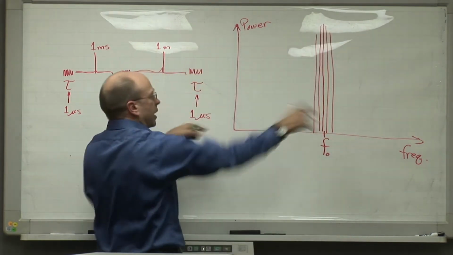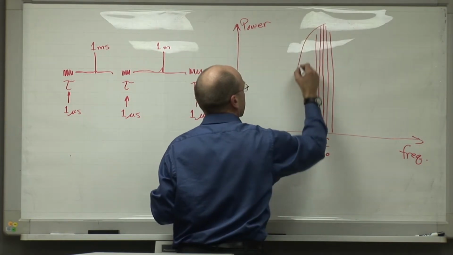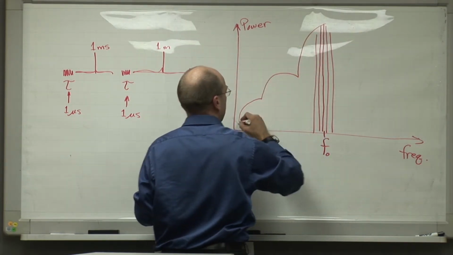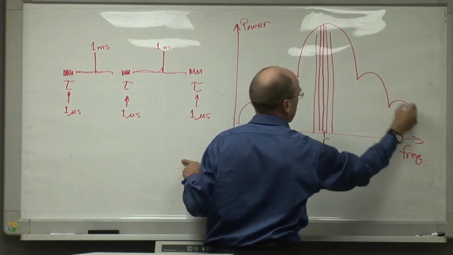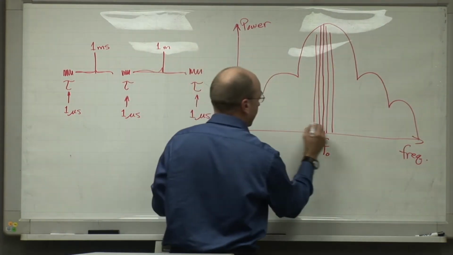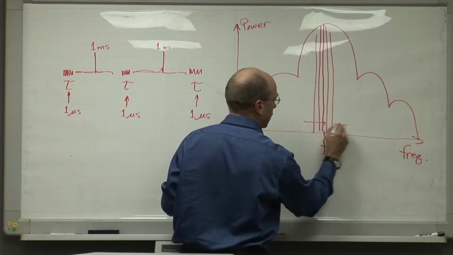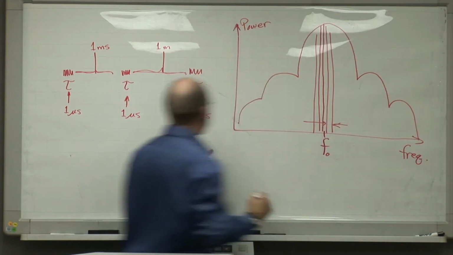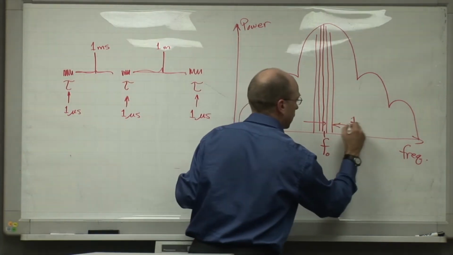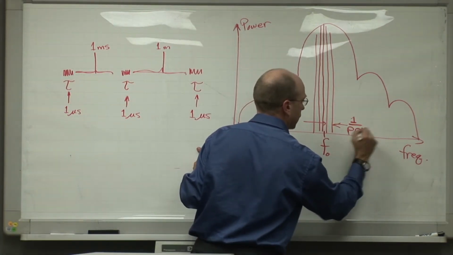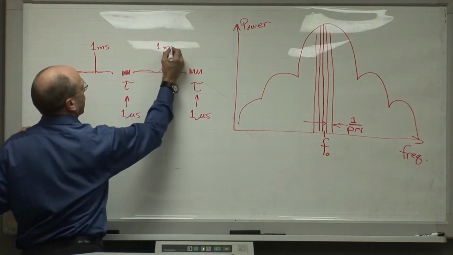I'm not going to draw all the lines all the way across, I'm just going to draw the envelope for the lines, like so. The spacing between any two of the lines will be equal to 1 over the pulse repetition interval, in this case 1 millisecond.